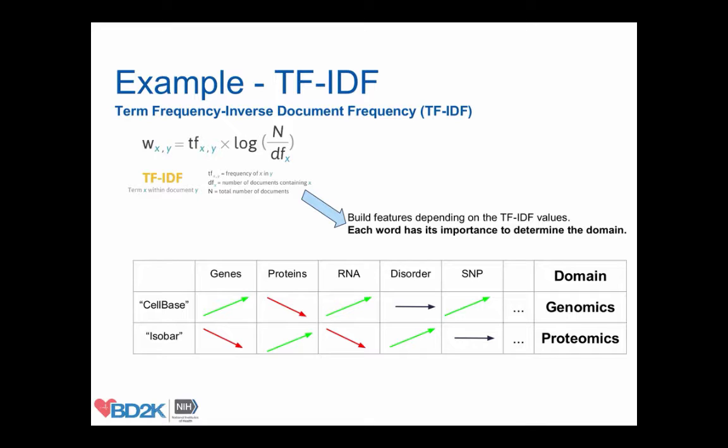Also, for people from the text mining field, TF-IDF would be the first thing people might think of to try, basically using term frequency and inverse document frequency to determine the important features that describe each domain. In this case, you can see the green upward arrow means important, and the downward red arrow means negative importance.